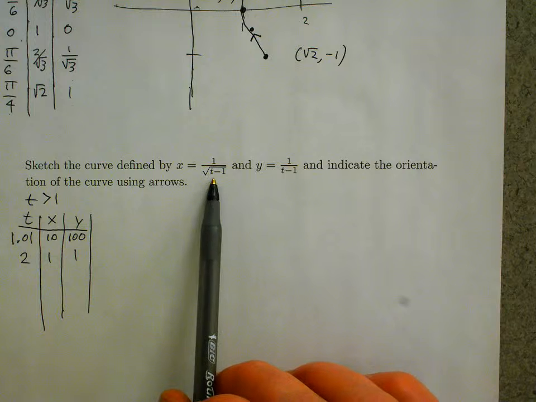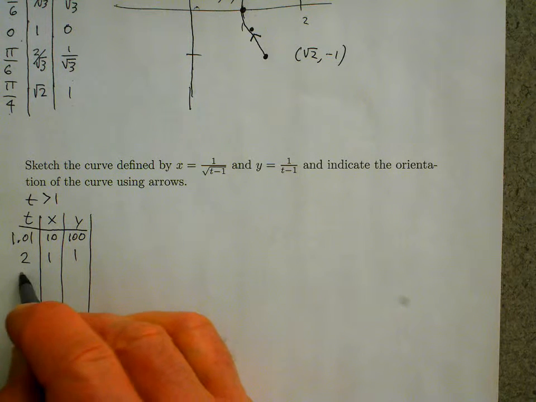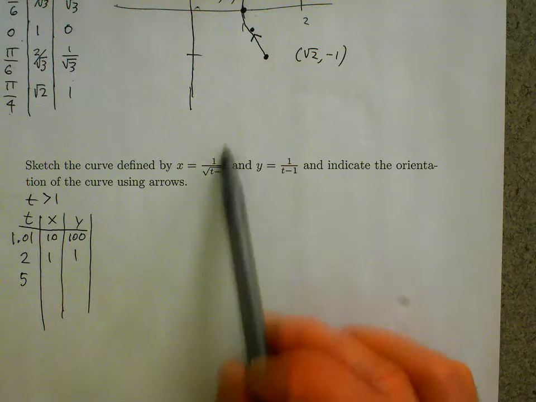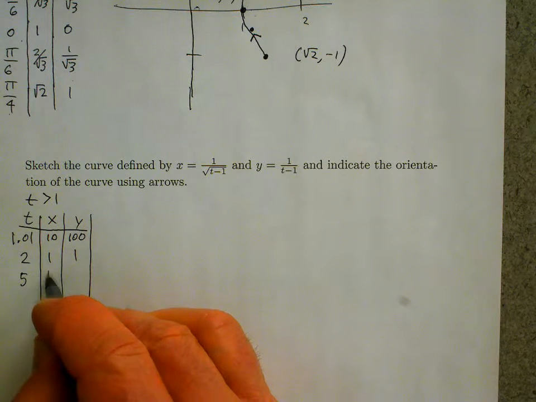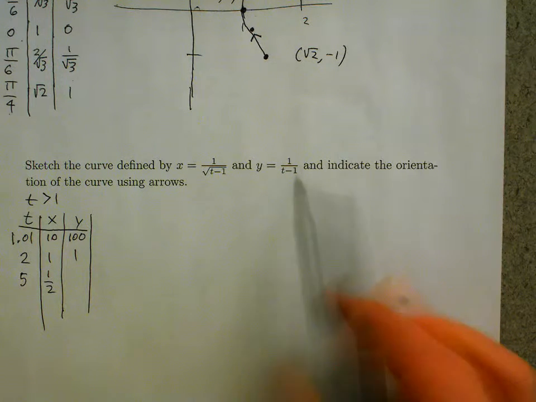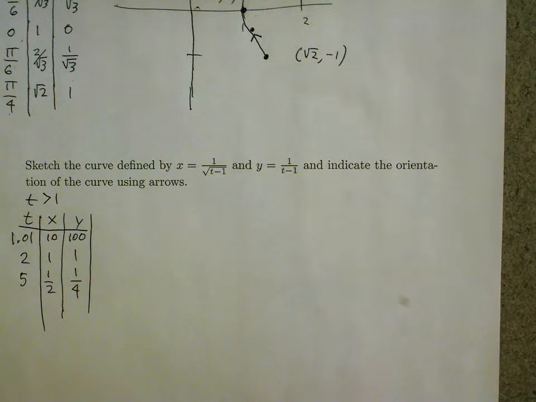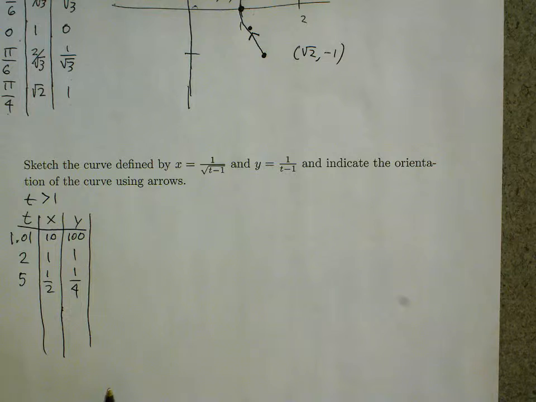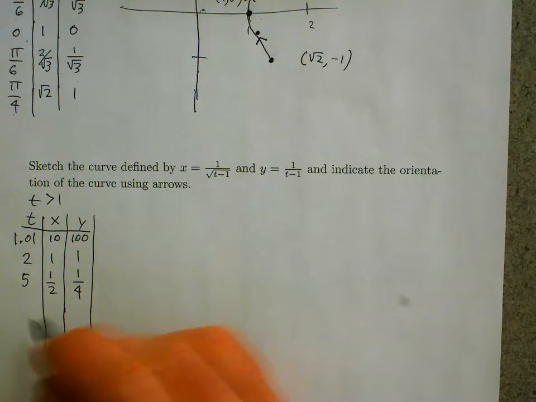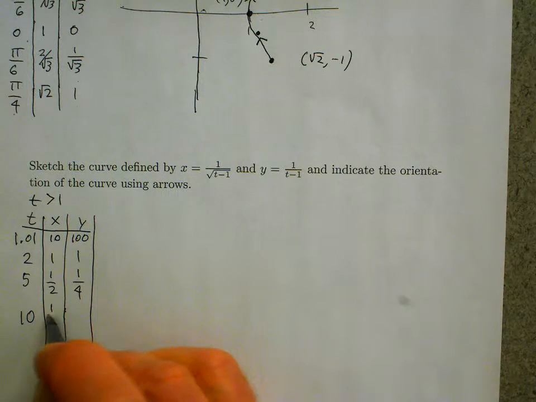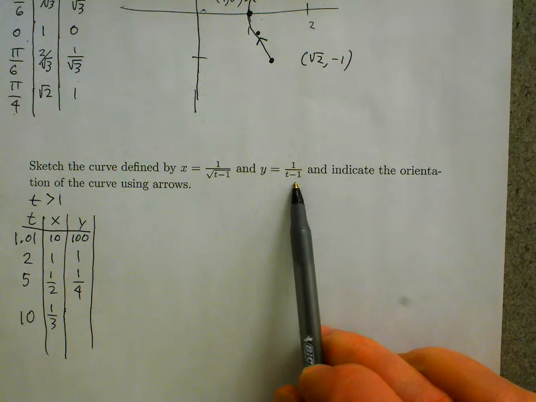If we pick t to be 5, then 1 over the square root of 5 minus 1 is 1 over the square root of 4, or 1/2. And then 1 over 5 minus 1 is 1/4. So just one more ordered pair. How about if we pick t to be 10? So 10 minus 1 is 9, square root of 9 is 3, so 1 over 3. And then 1 over 10 minus 1 is 1/9.